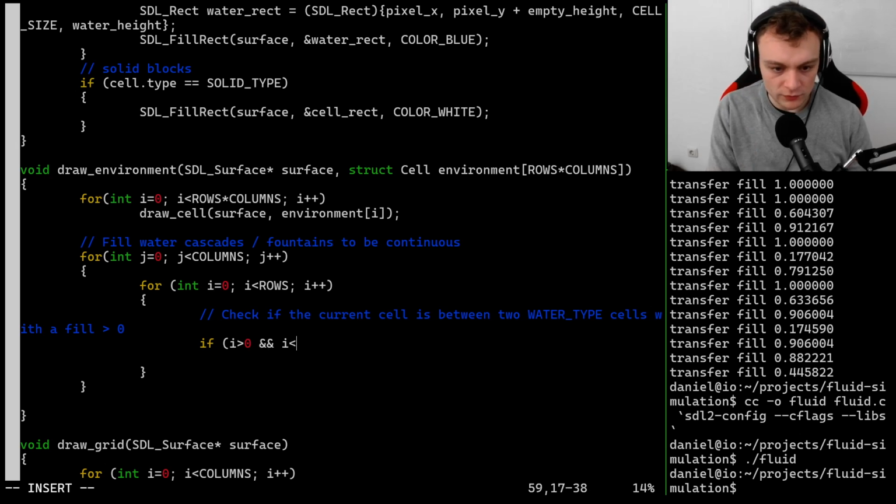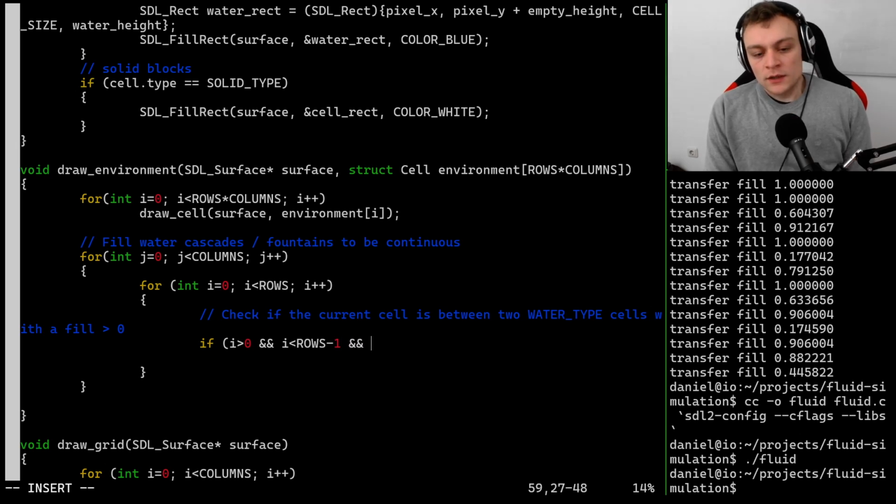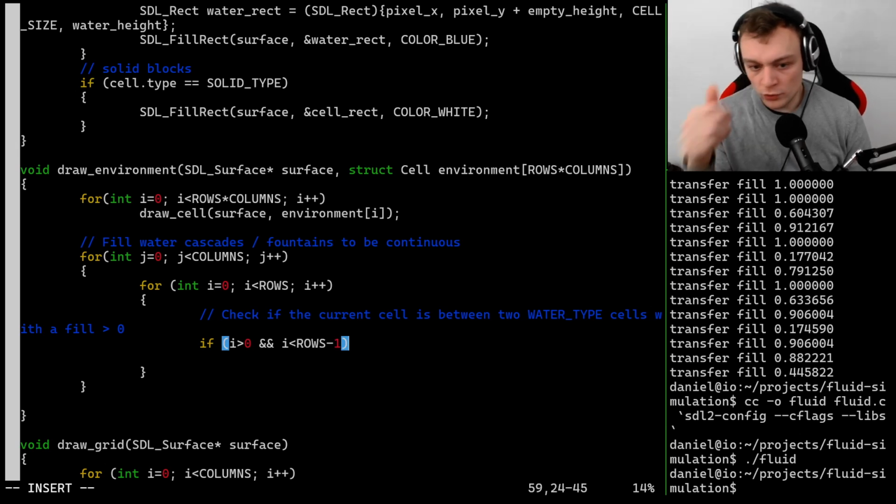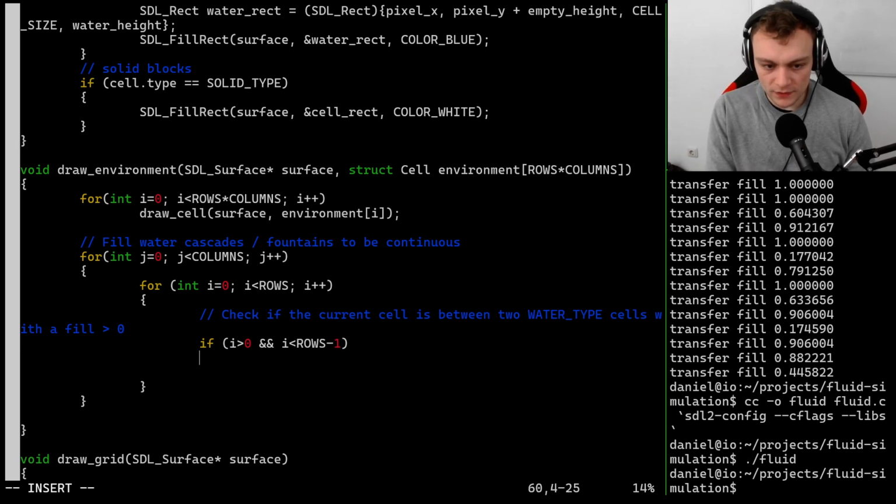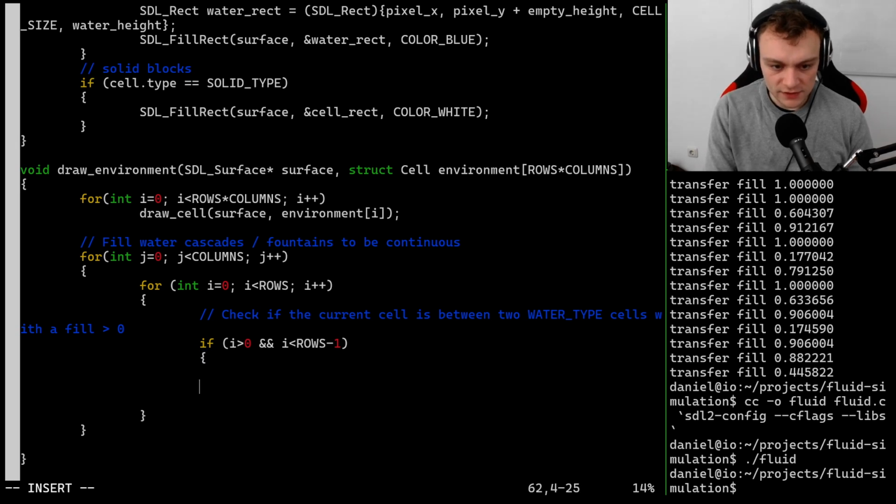And the row must be smaller than rows, I think minus... not sure about that. So we check the row boundaries. If that is the case, check cell above.